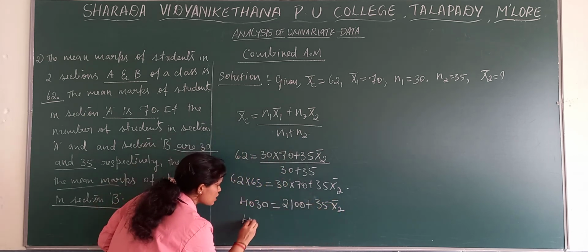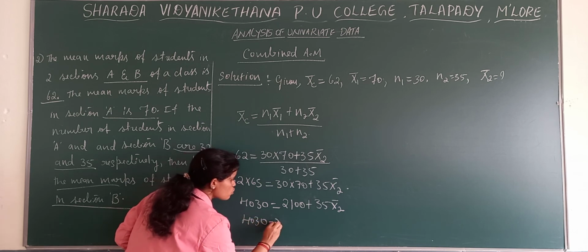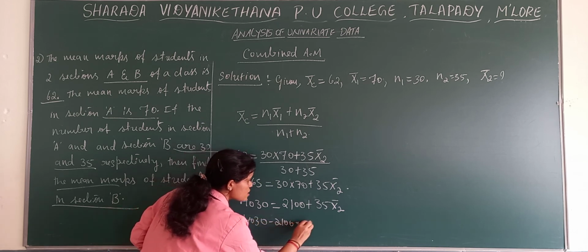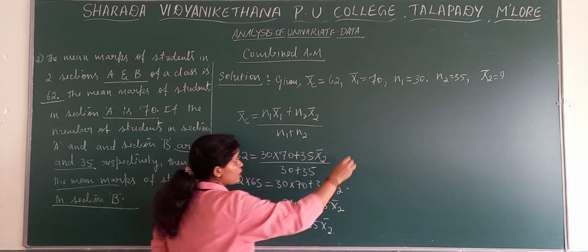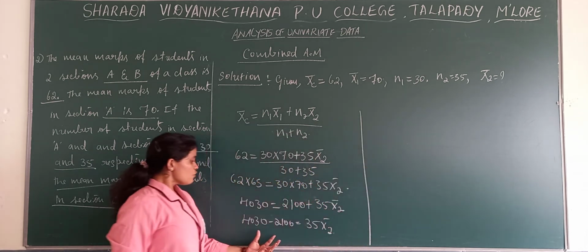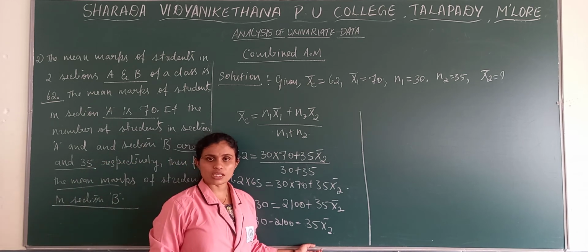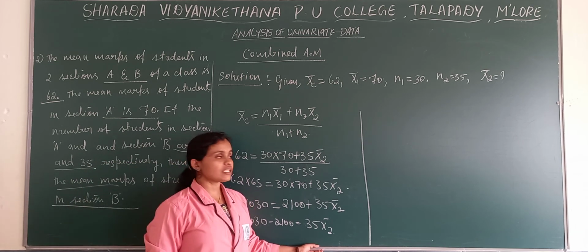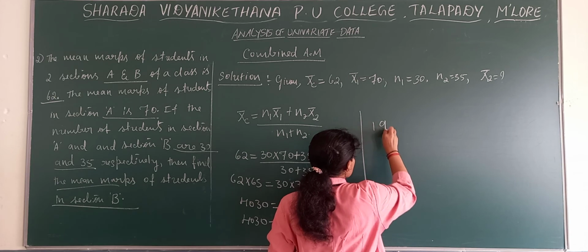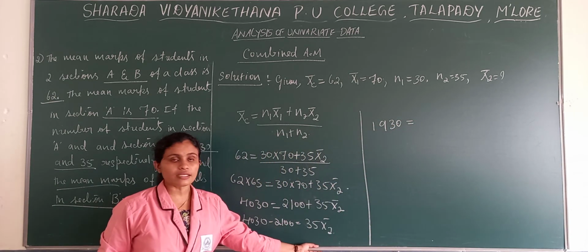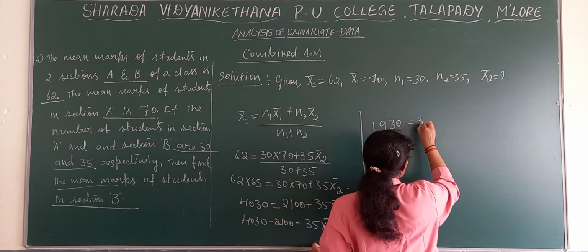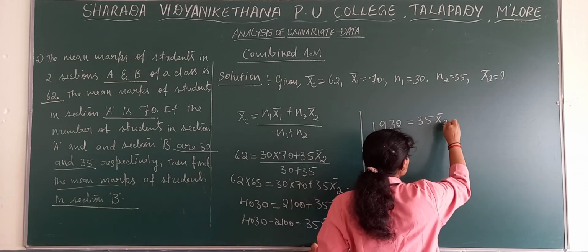Now 4030 minus 2100 is equal to 35 x bar 2. 4030 minus 2100, what do we get there? We get 1930. So 1930 is equal to 35 x bar 2.